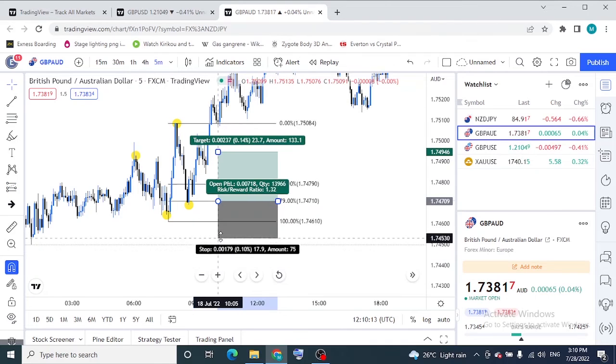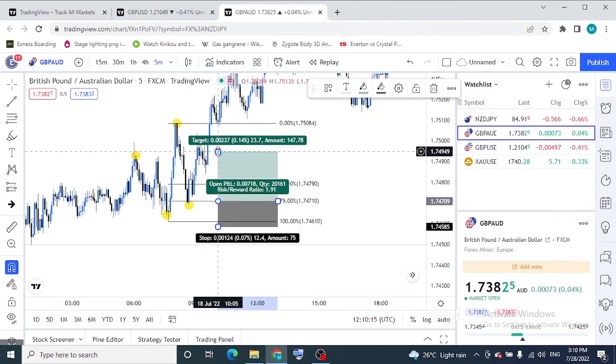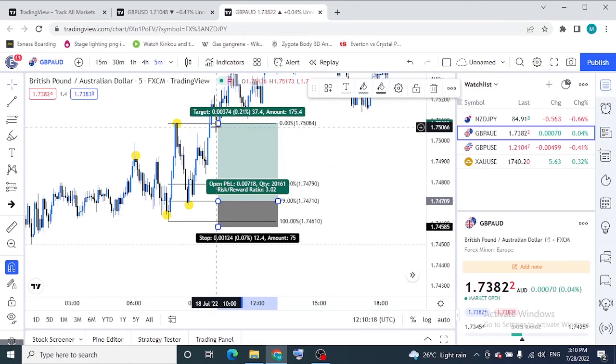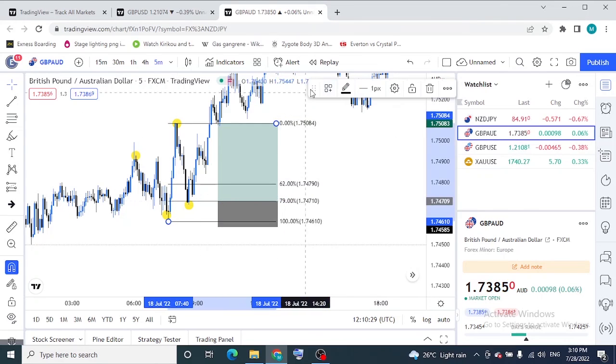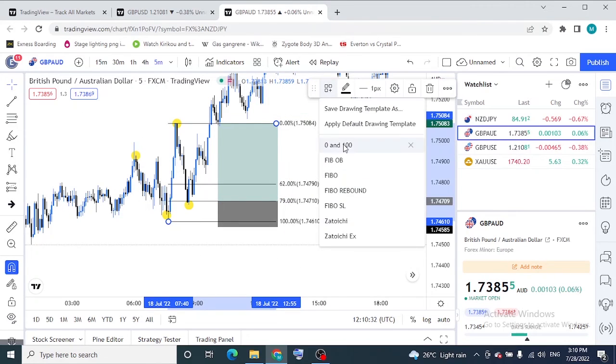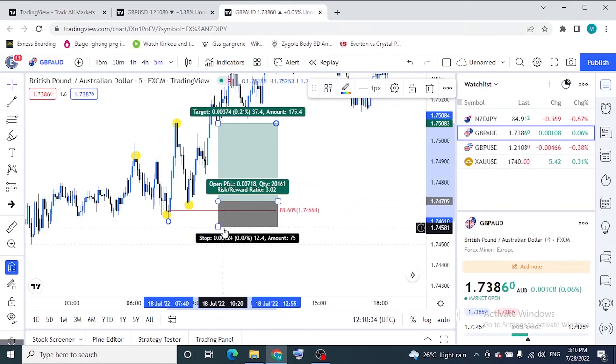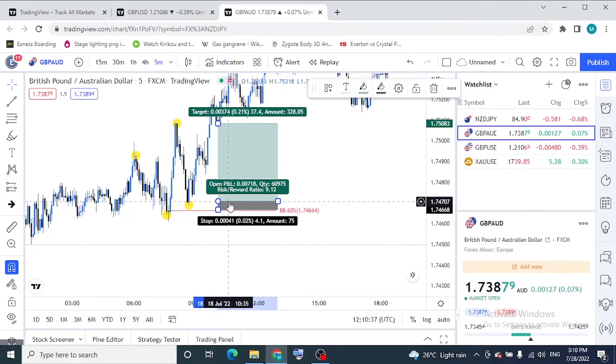Let's just say your stops were beneath this, and then you had your target right here. That's a good 1:3. And if you also had your stops at the 88.6 level, that'd have been a good 1:9 risk to reward. You were risking just, I think, about 4 pips for 37. That's a very good risk to reward setup, if you ask me.